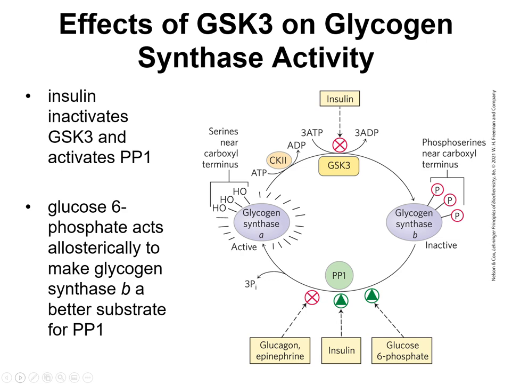So activating PP1 means that you're going to turn off glycogen breakdown. So insulin says, stop breaking down glycogen.